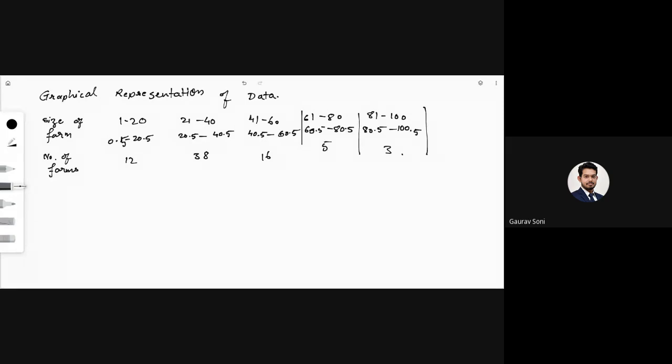Okay, so in this case, I'll take x-axis, y-axis. On x-axis, I'll take the class intervals 0.5. The first class interval is 0.5 to 20.5.